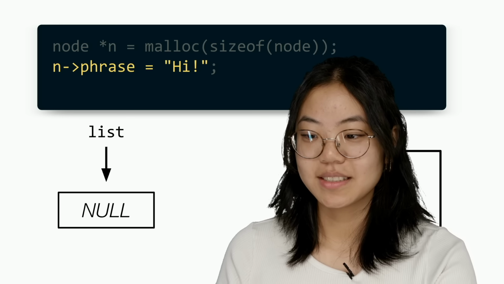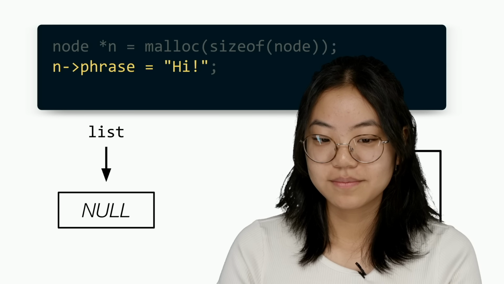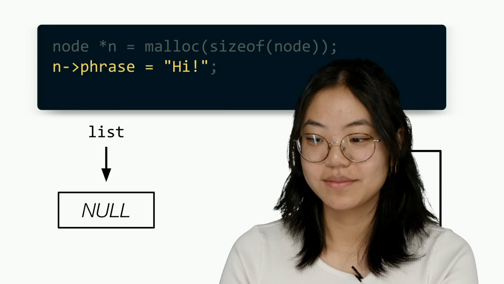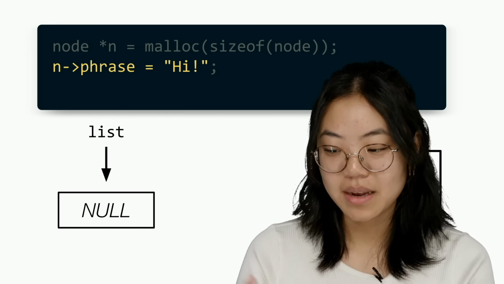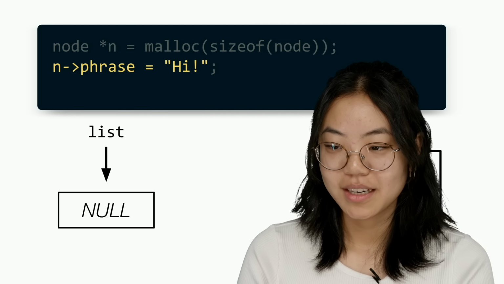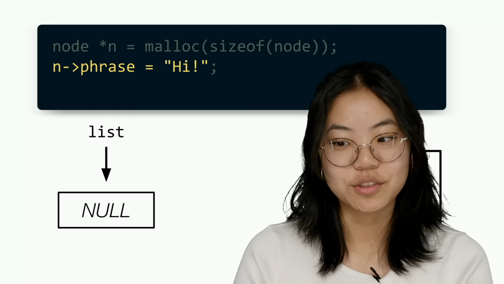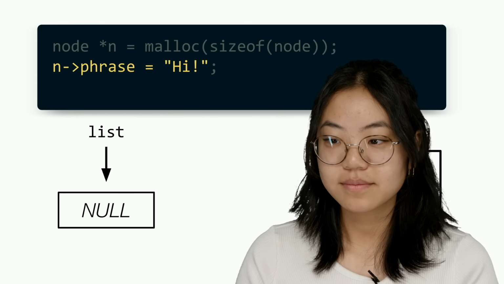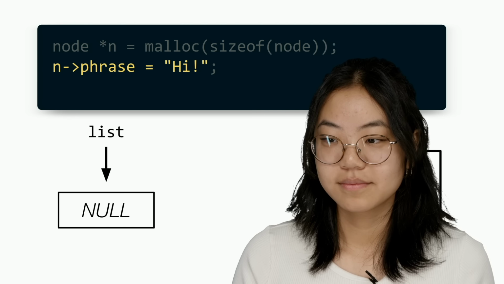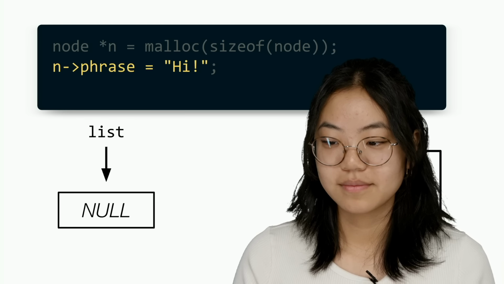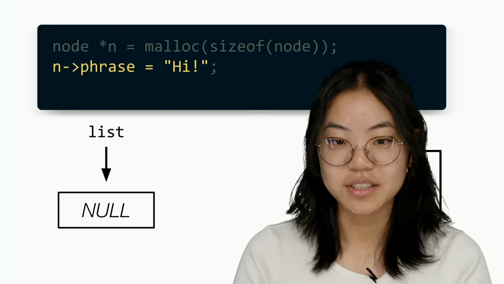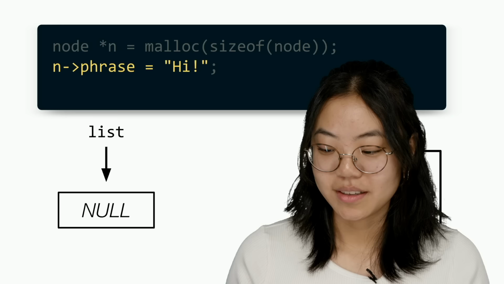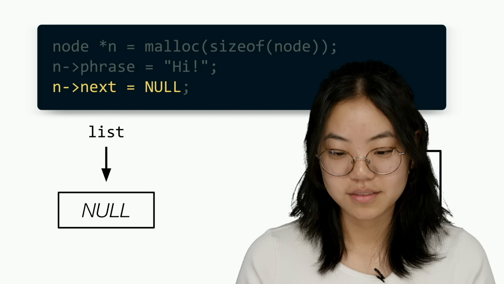Any ideas? Feel free to put in the chat. If this is my only node in the list so far, what should that next address point to? Yeah, so it would be the next address. But if I don't have another node, then exactly, it should be pointing to null.